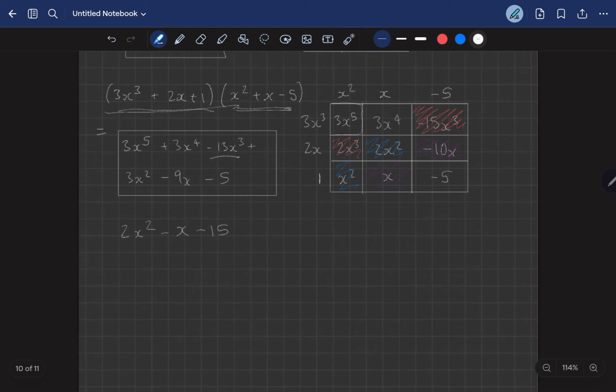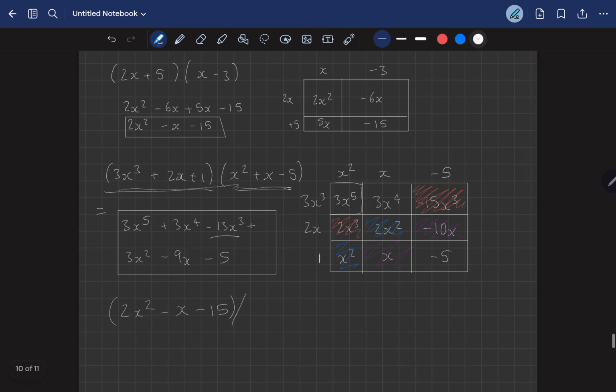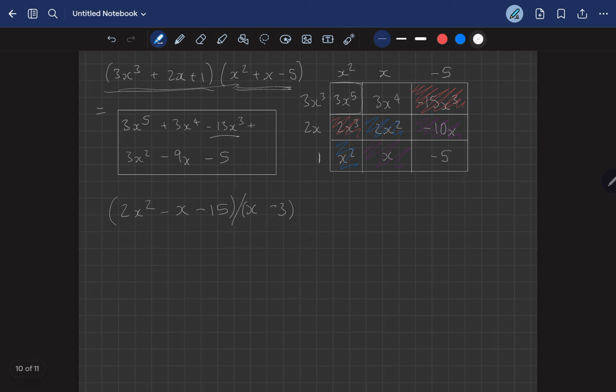And we want to divide it by x minus 3. Okay? Let's again draw a grid. However, we don't exactly know how long our grid is going to be. Let's leave it slightly open-ended.